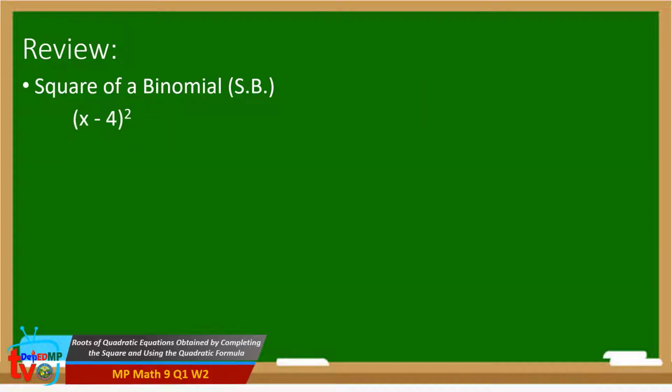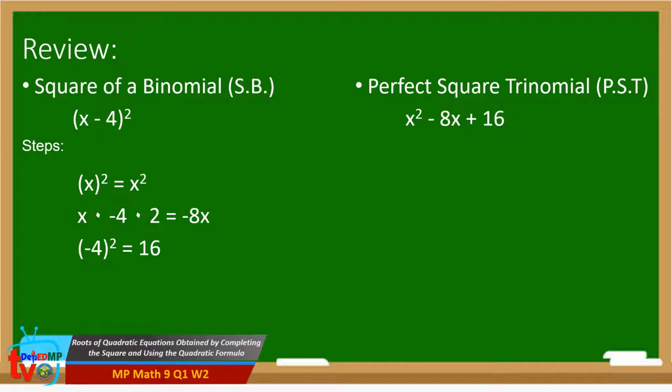Second, the quantity of x minus 4 to the second power is simplified by squaring the first term x as x squared. Then, multiply the first term x to the second term negative 4 and the exponent 2, which is negative 8x. And square negative 4 is 16. The product is x squared minus 8x plus 16.